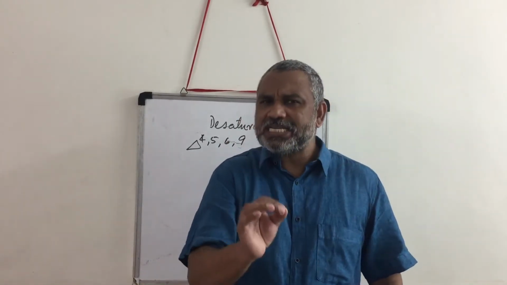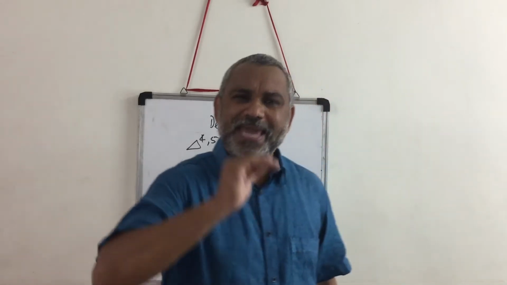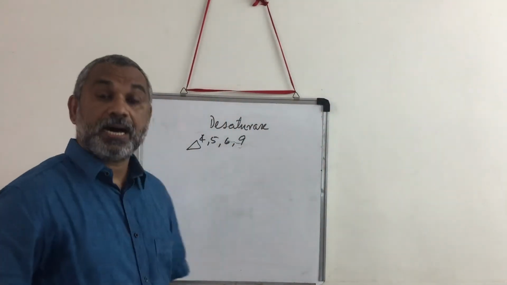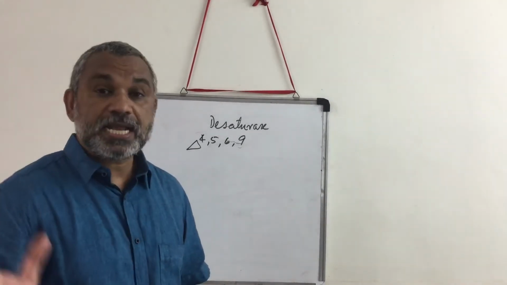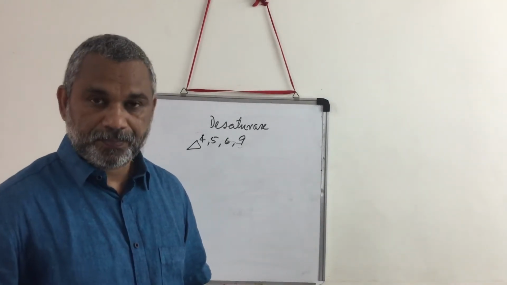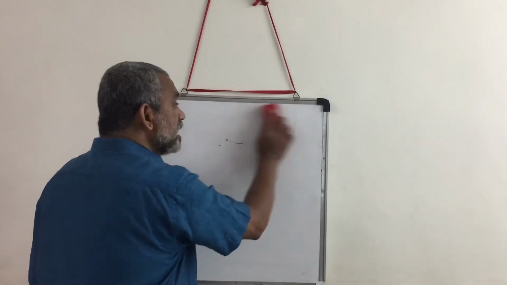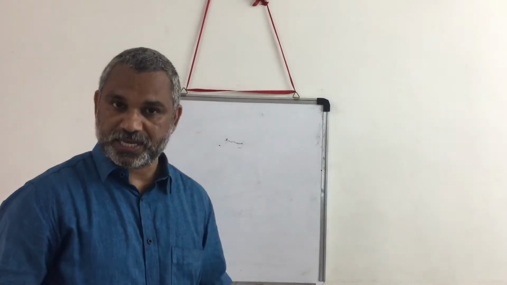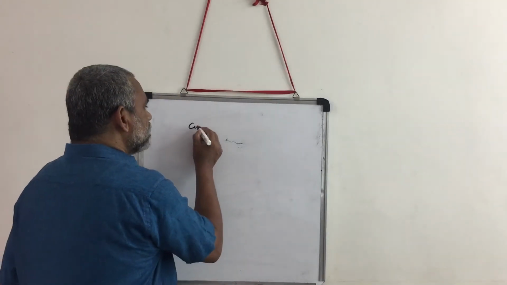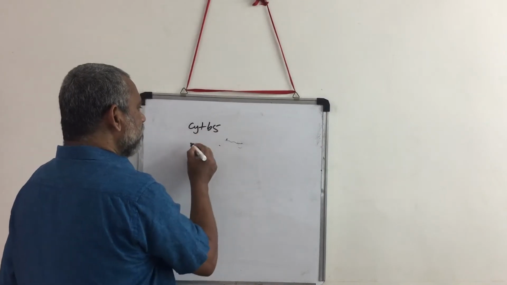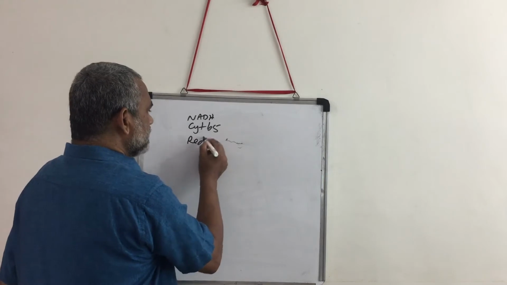But let us see the basic principle, or the mechanism by which unsaturation is created. Once again, this is a complex enzyme involving 3 enzymes. The first enzyme is known as cytochrome B5 reductase, or NADH cytochrome B5 reductase.